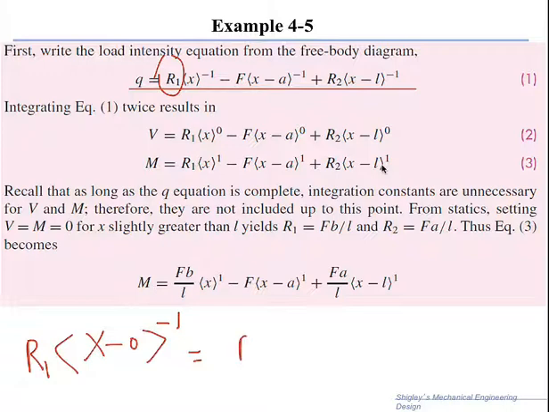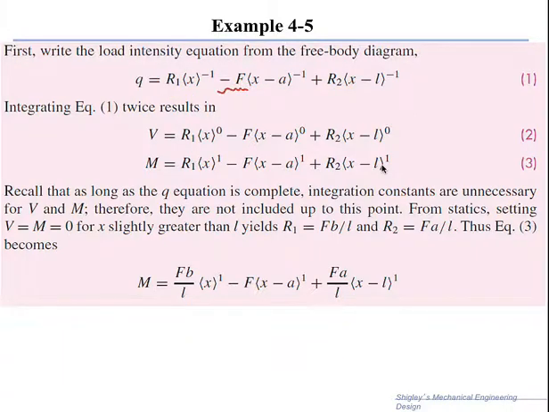So you get R1 times x, and x is in between angular brackets. Same thing now we could apply to F, because it will be minus F, because going down is a negative function. And then on the right hand side of the beam there's a reaction R2, and it is concentrated at x equals L, so we write it as R2 times x minus L raised to the power minus 1.